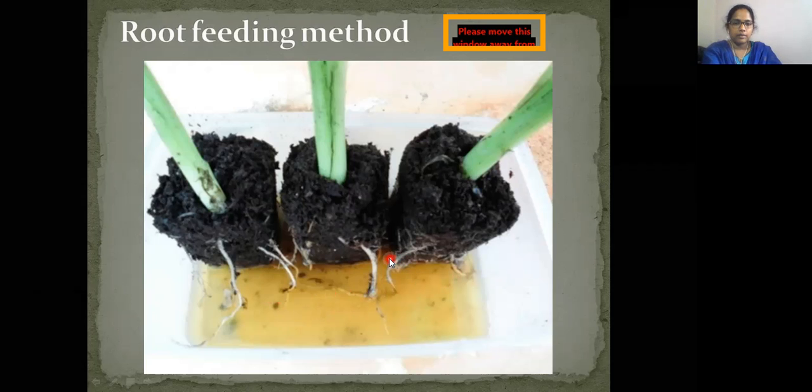When you place the roots intact with this hydroponic solution, along with the water, the radio labeled compounds will be absorbed by the roots. The radio labeled compounds enter into the roots. So this is the first method.